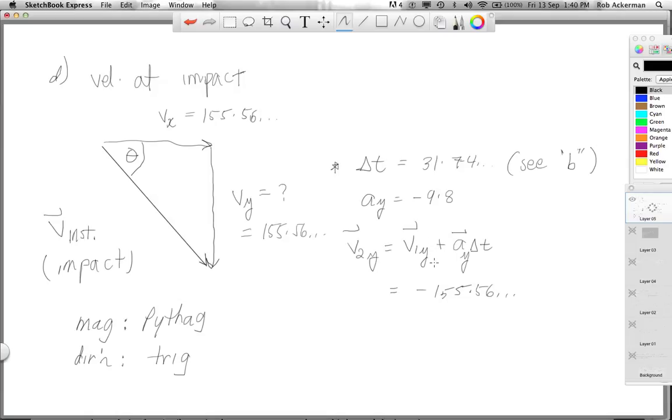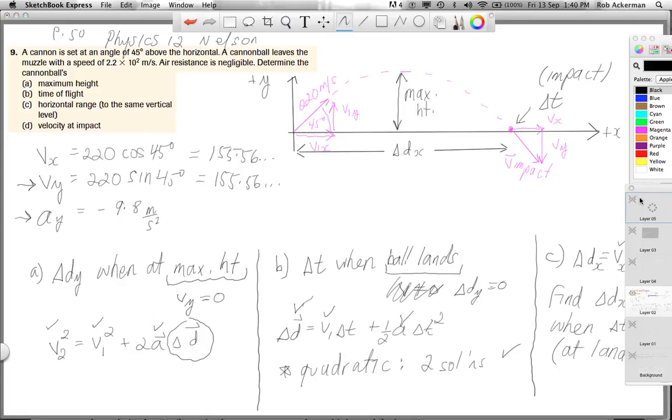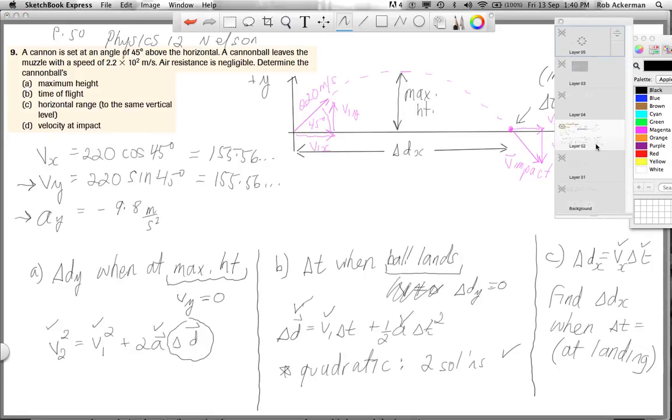Just remember, you can never, never, never mix x's and y's in an equation. All the equations I've used here always have y values, or they always have x values, such as in the range equation here. Okay? I apologize, I didn't write them down here when I did this the first time, but these are y's because this was a vertical question.